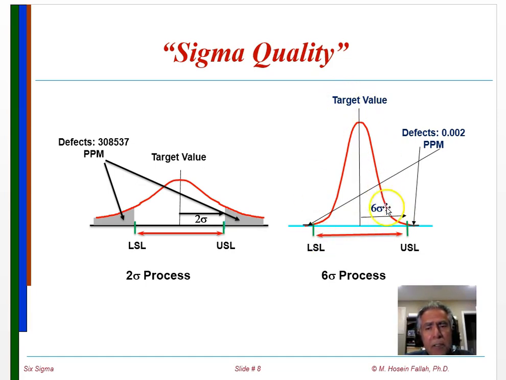And so we can see that it requires a significant amount of effort to reduce the variation from 2 sigma to 6 sigma to get essentially flawless output.